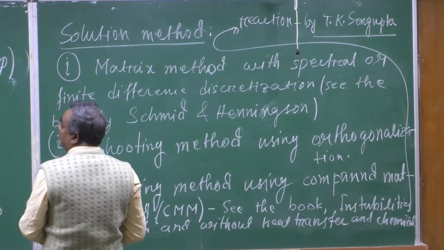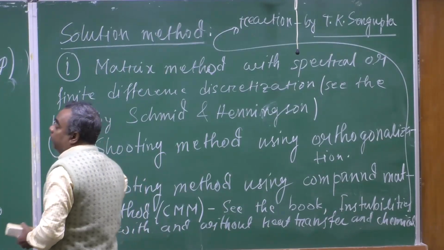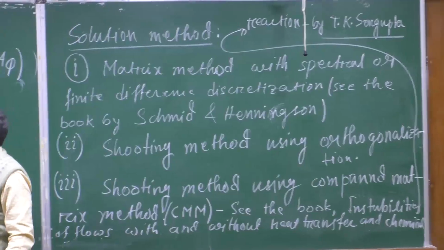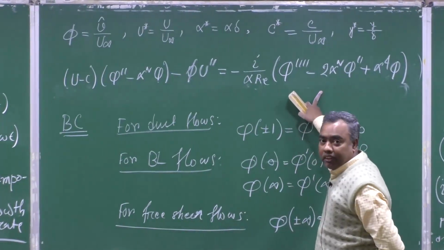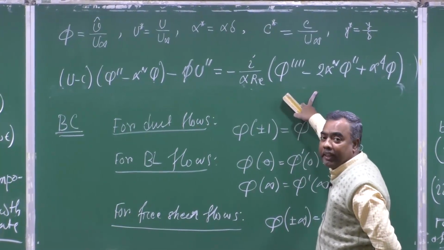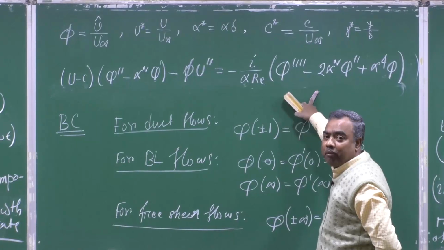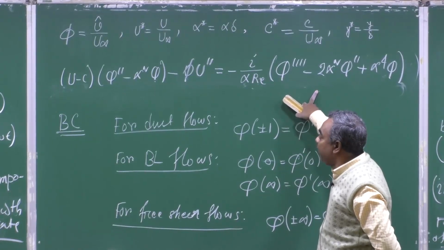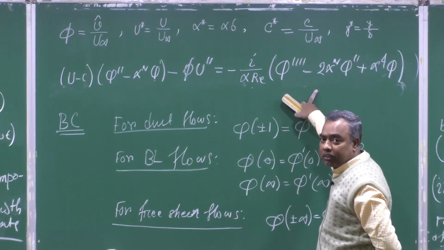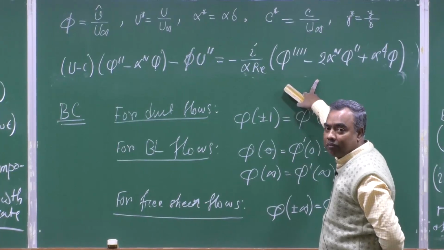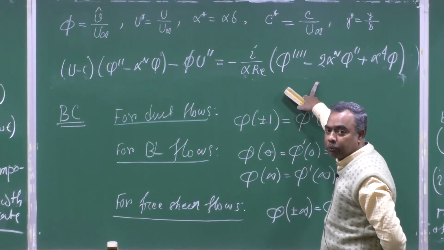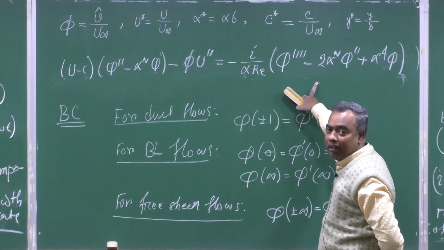Okay. All right. So, if we solve this equation, what do we get? Let us say that for a given velocity profile, we are able to solve this equation. If we solve it, for example considering the temporal and spatial approach, we will get a set of eigenvalues.